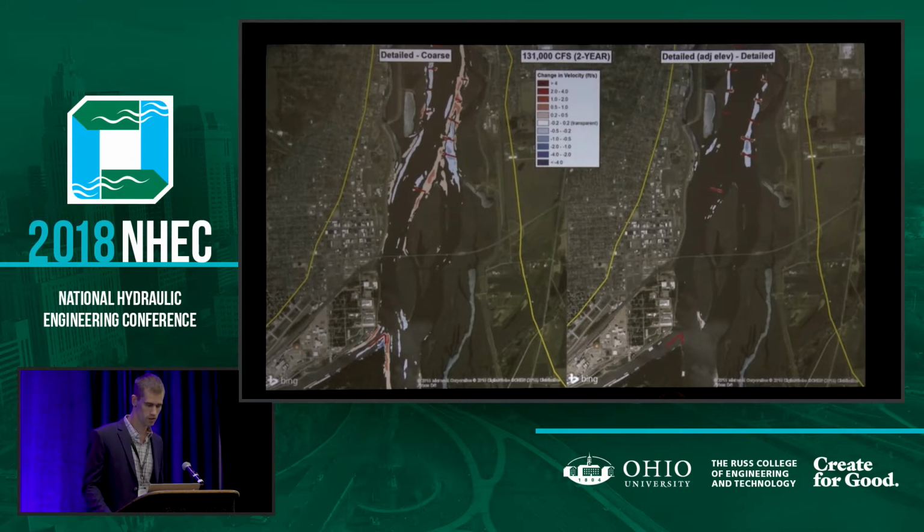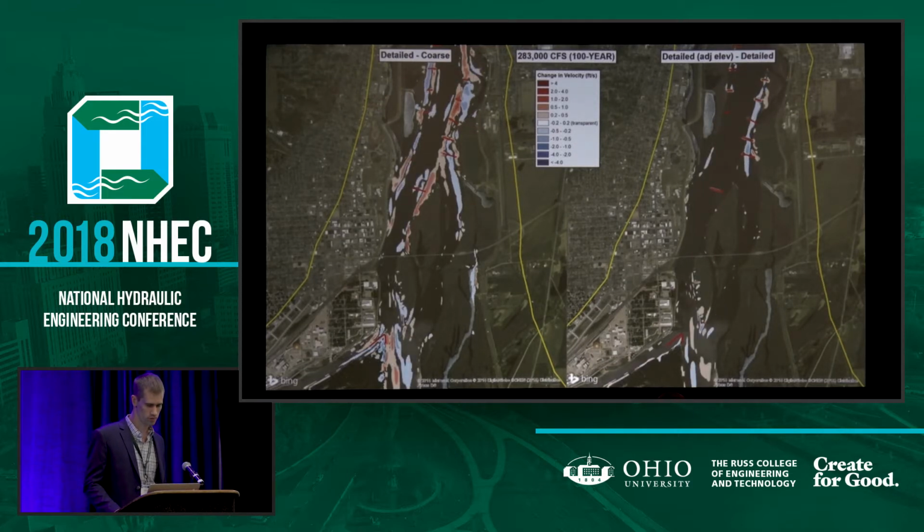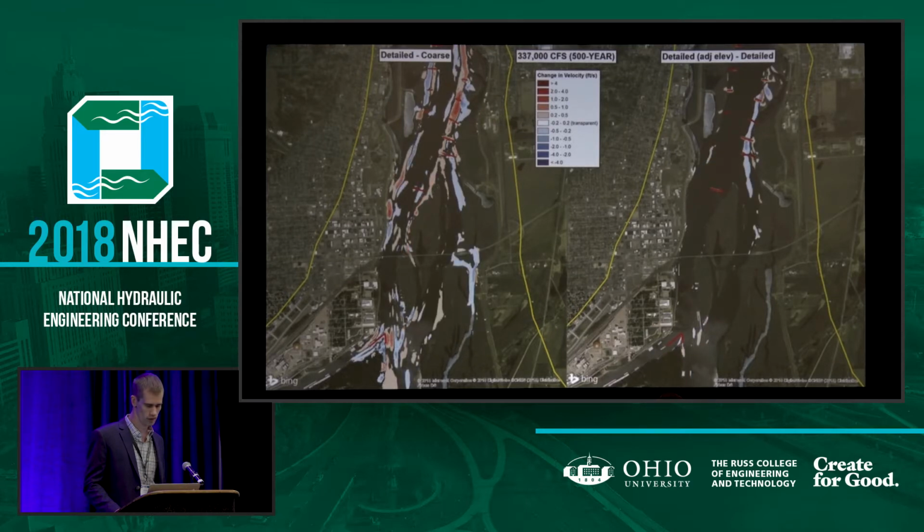The only thing I can attribute that to is really more of a mesh sensitivity in those areas, because it's counterintuitive. You would think you add more detail, you're going to be picking up more of those high elevations, and you'd start to see some velocity wakes downstream of the wing dams. So again, going through the 50-year, kind of same trends, 100-year and 500-year.